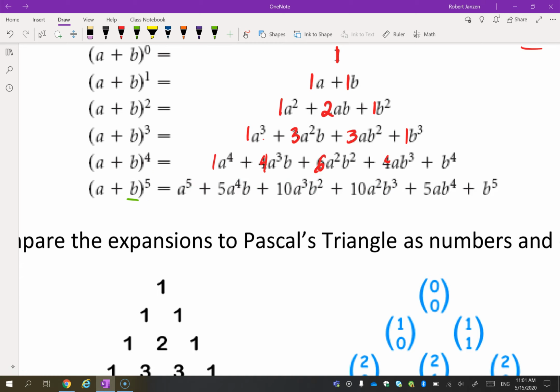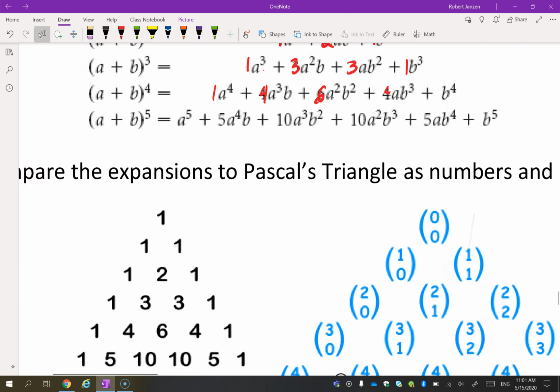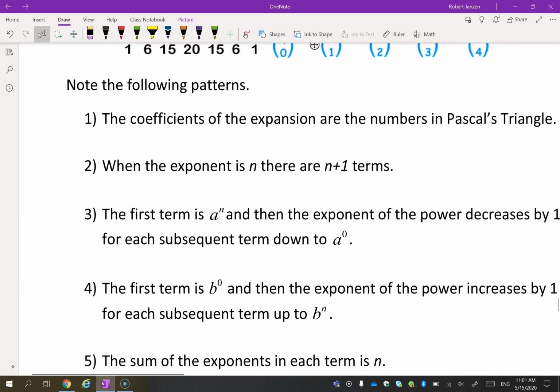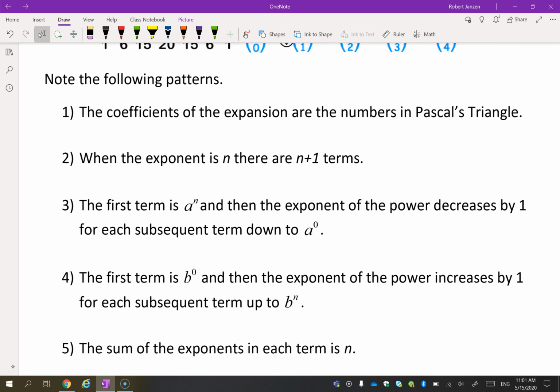So there's a lot of stuff going on here, and it looks maybe a little confusing, but let's refresh our memory and be a little more concise. First of all, the coefficients are the numbers of Pascal's triangle. When the exponent is n, there will be n plus 1 terms. So for example, if it was to the power of 15, there would be 16 terms.